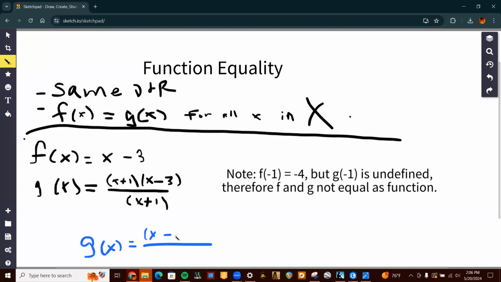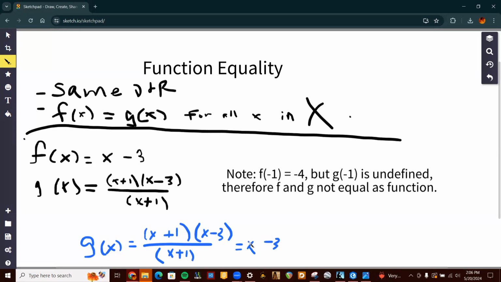How about I actually write the correct thing? x plus 1 times x minus 3, divided by x plus 1, equals x minus 3, sorry.